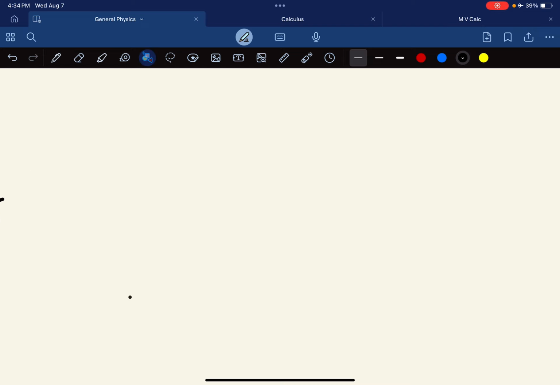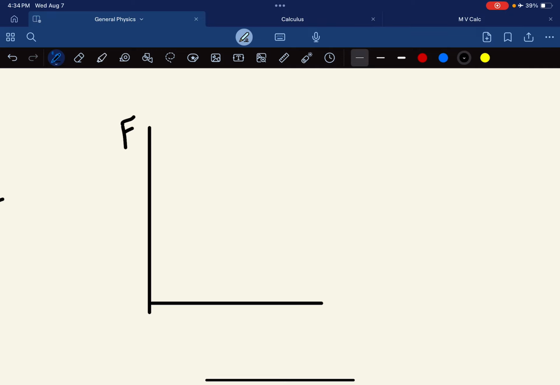So first, let's start by looking at the graph of force times the distance away from the force, which we are going to call radius, but this is force of gravity.